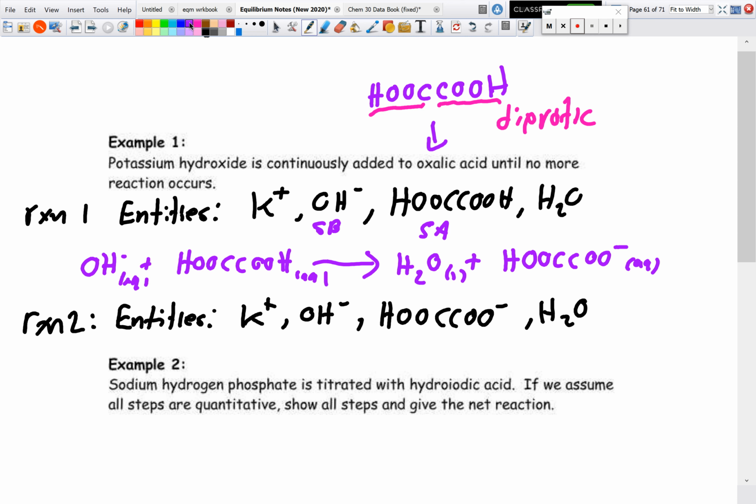And of course, because we're adding our potassium hydroxide, our hydroxide is going to be our strongest base. Now when we're looking at which one's going to be a stronger acid, our hydrogen oxalate or our water, from our data booklet, the hydrogen oxalate should be the stronger acid.